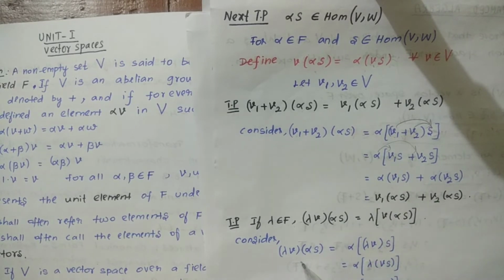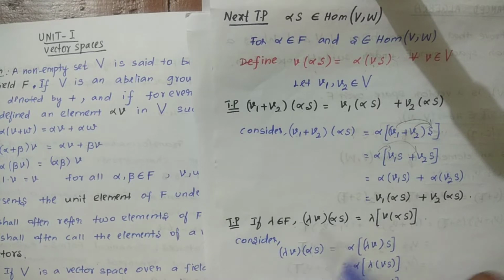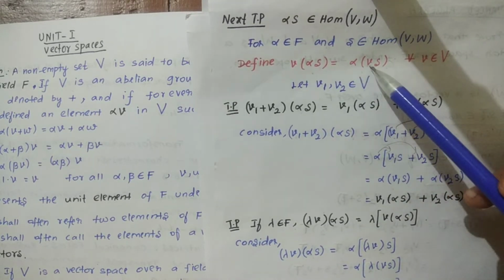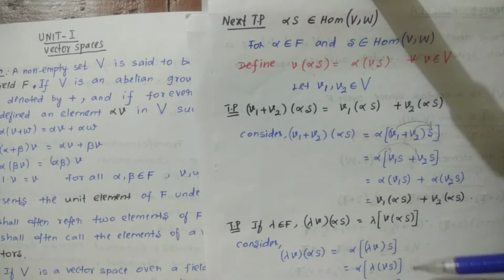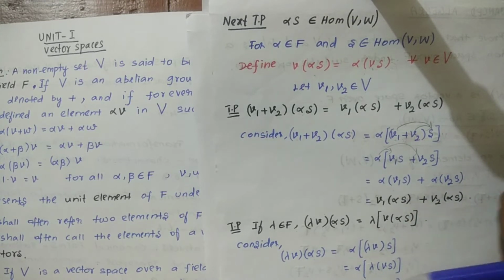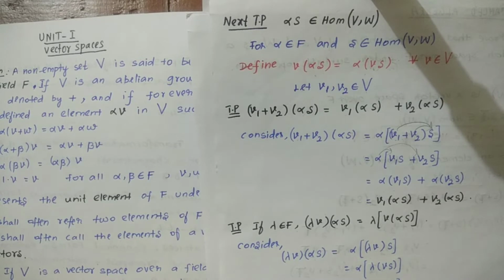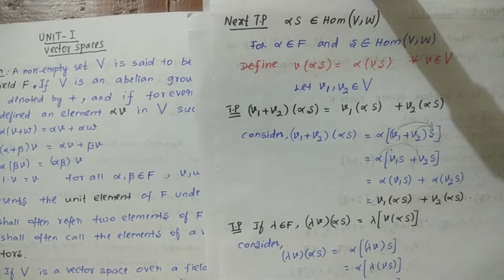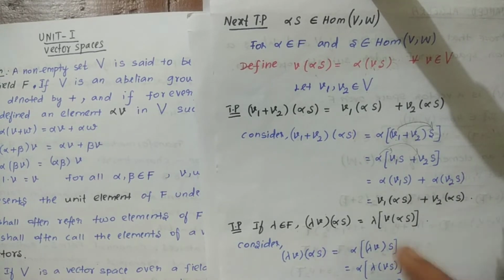So consider the left hand side. Write it down, and alpha of lambda, put this 2 in one bracket, then alpha of, take lambda outside and alpha in. So write like that. To bring our right hand side, you are making this adjustment.